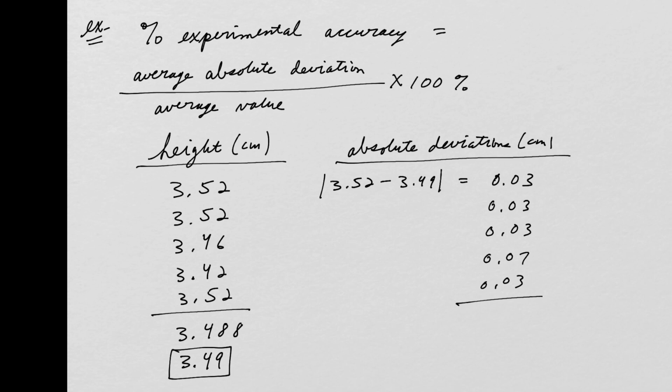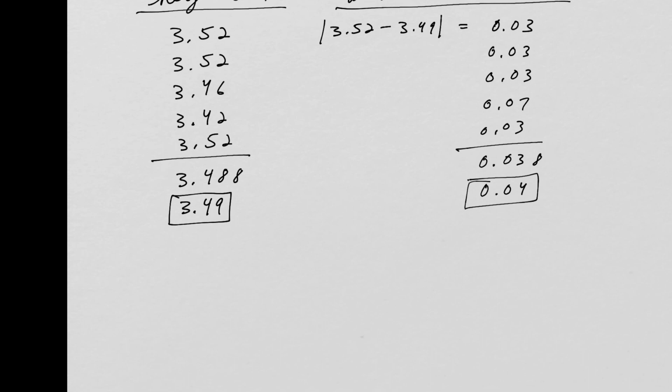If you average these, you're going to get 0.038. But you have to remember to round to the resolution of the instrument, which is 2 decimal places. So this would be 0.04. This is your average absolute deviation, right? That 0.04. So now the final step to find percent experimental accuracy is I take my average absolute deviation, 0.04, divide by my average height, 3.49, times 100.